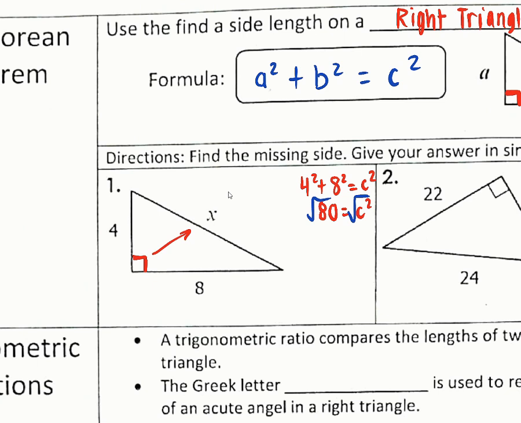Can 80 break out of that radical by itself completely? No, because it's not what we call a perfect square. Y'all remember perfect squares? Perfect squares are the only things that are allowed to break out of a radical, right? So remind me, what are perfect squares? Don't tell me what one is. Like, don't give me an example of a perfect square. What is a perfect square?